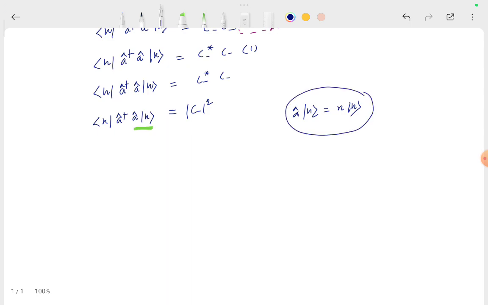Let us assume this and we derive all the mathematical calculations. Please remember this. So this equals n, and n is a constant, so n bra n a cap dagger ket n equals c minus mod square.